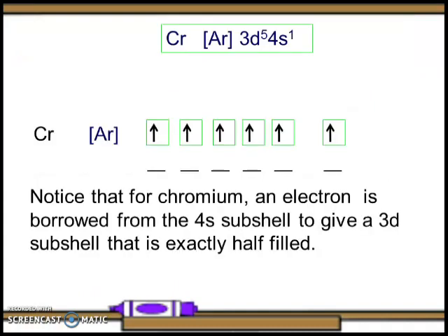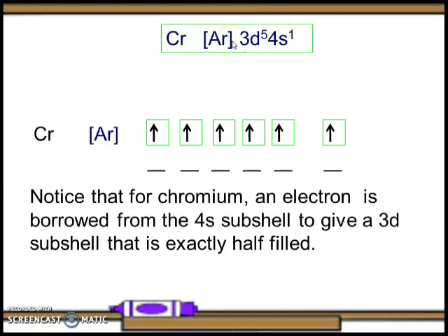Notice that for chromium, an electron is borrowed from the 4s subshell to give a 3d subshell that is exactly half-filled. Chromium has 24 electrons with 18 in the lower shells and 6 left over. By the above principle, 2 should go into 4s and 4 into 3d.